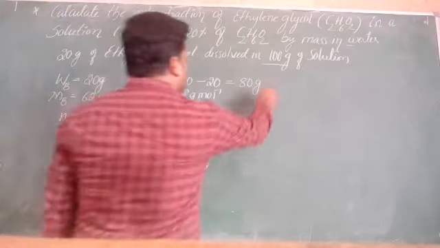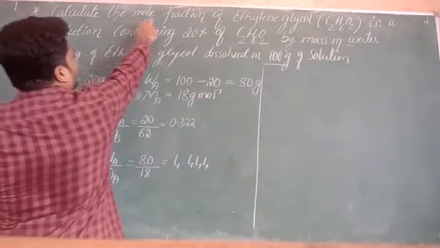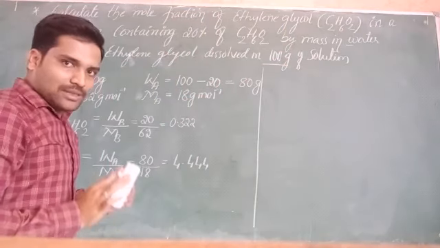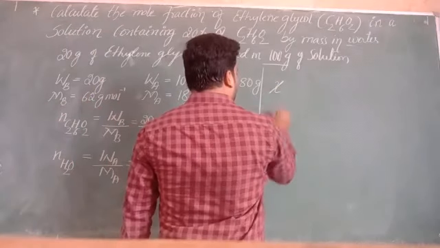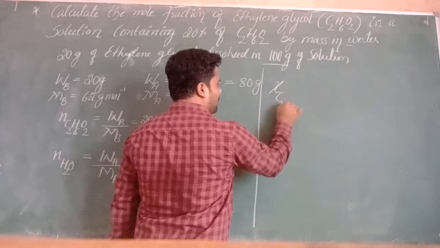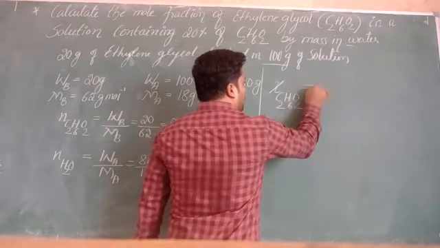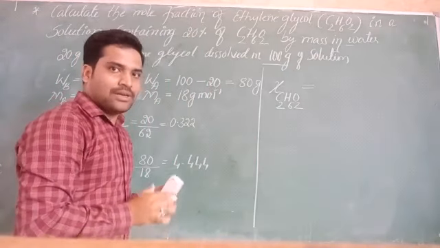Okay, now what did they ask to calculate? They asked to calculate the mole fraction of ethylene glycol. That means they wanted to calculate the mole fraction of solute only. So the solute here is C2H6O2. Okay, it is equal to, I have already given an equation for mole fraction.